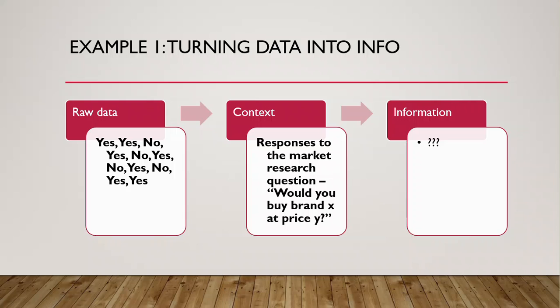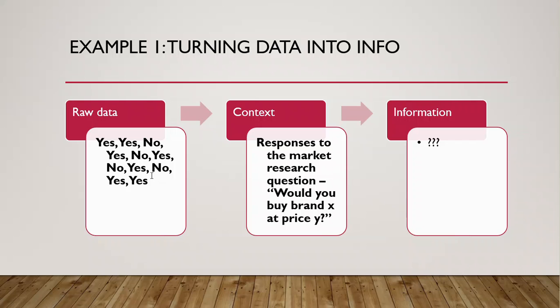Okay, this is how we turn data into info. So from yes, yes, no, yes, no, yes, and so on, this is raw data. The raw data can be given certain context so that it can be transformed into information. If this raw data is given this context, for example, responses to the market research question, for example, the question is, would you buy brand X at price Y?